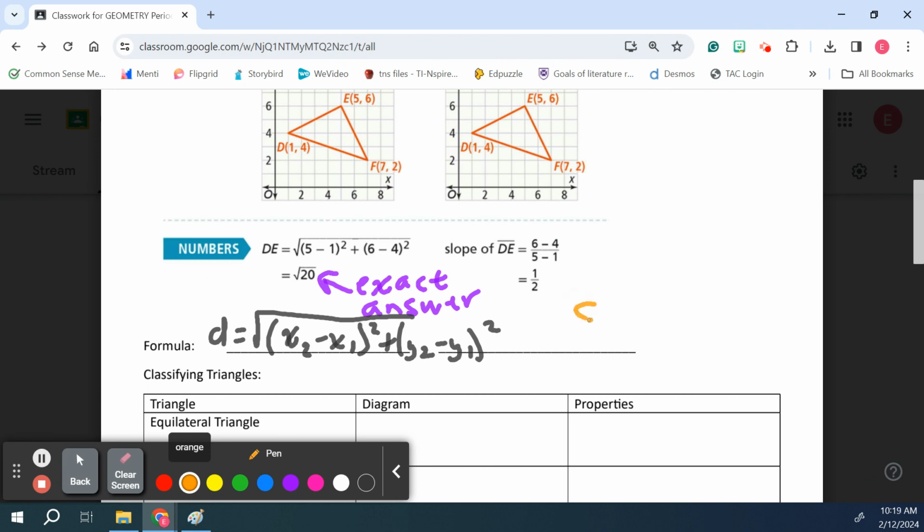And then for slope, we're going to have y2 minus y1 over x2 minus x1. Remember, rise over run.